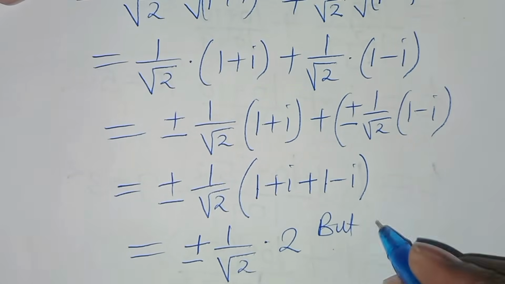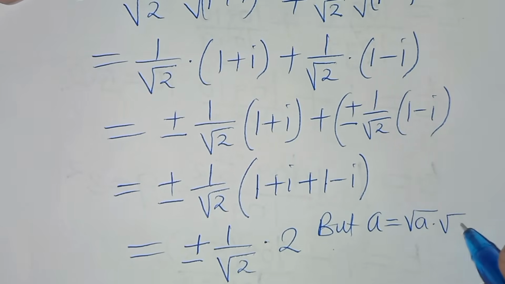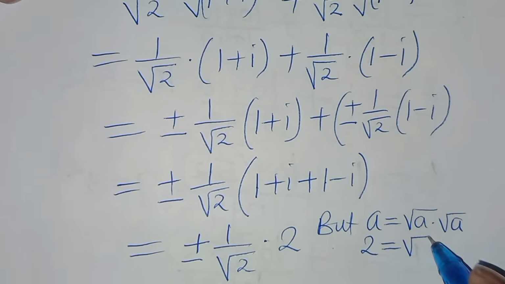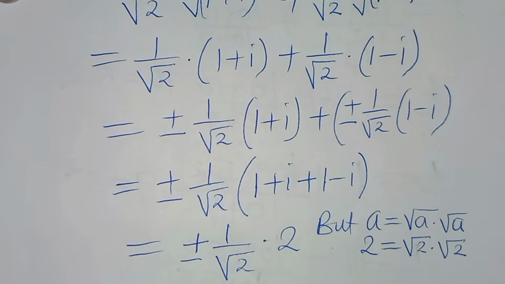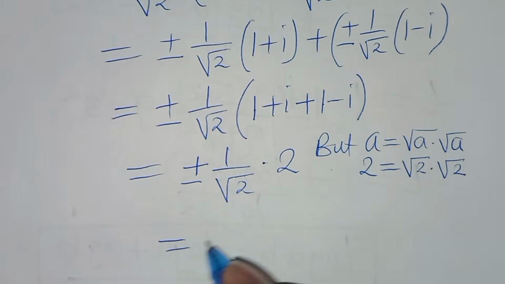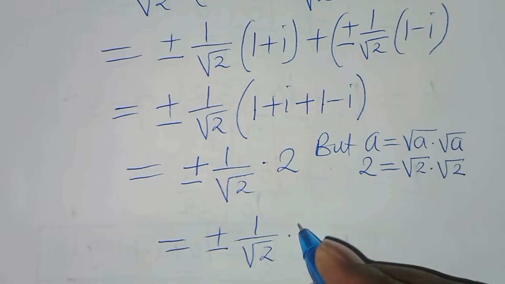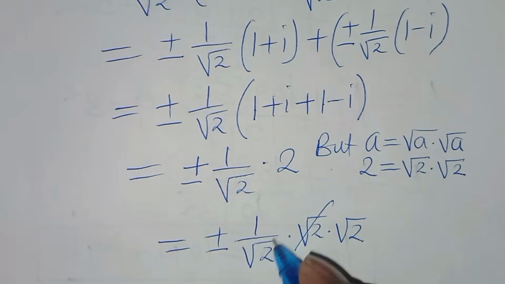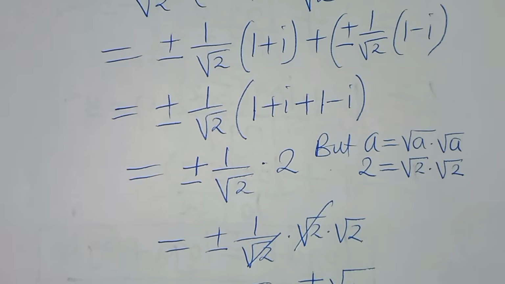But we can express a as the square root of a multiplied by the square root of a. That implies we can express 2 as the square root of 2 multiplied by the square root of 2. Let's substitute this, so that here we'll have plus or minus 1 over the square root of 2 multiplied by the square root of 2 here, multiplied by the square root of 2. So the square root of 2 and the square root of 2 simplify, so that now the solution here is plus or minus the square root of 2.